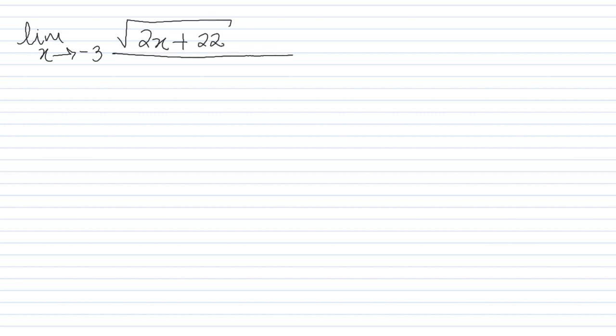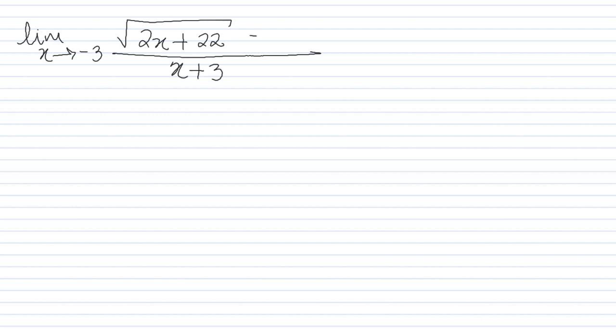So now the next question we have is the limit as x goes to -3 of the square root of 2x plus 22, minus 4, divided by x plus 3.